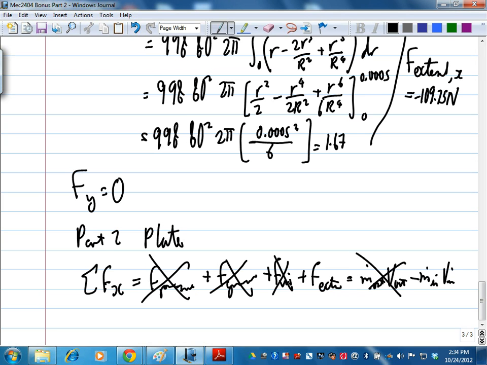This one is 0 because there's no x component in the stuff that's coming out, because V out comma x is 0. M dot in V in, well, we could do this whole integration again, but it will give you the same number. If this is correct, 1.67, then it's just 1.67 newtons.